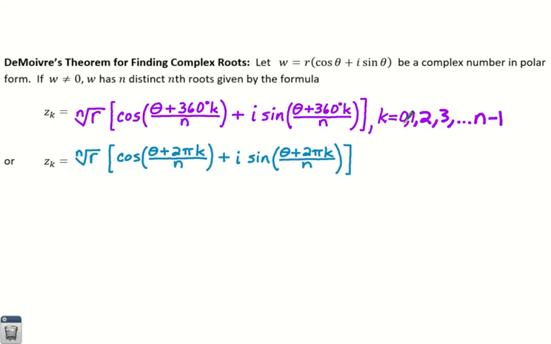For the very first root, you're going to be plugging in 0 for k. Let's talk about finding all the fourth roots. You would want 4 total roots, so you wouldn't go all the way to k equals 4. You would stop at k equals 3, because that would be 0, 1, 2, and 3. That's 4 total roots.